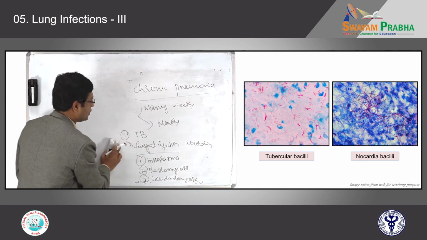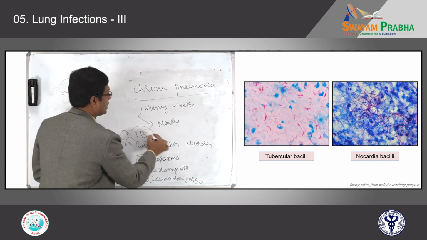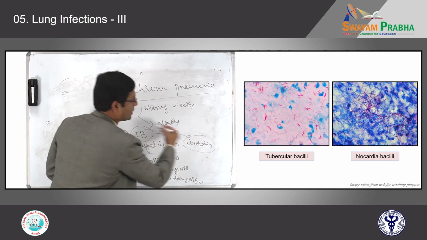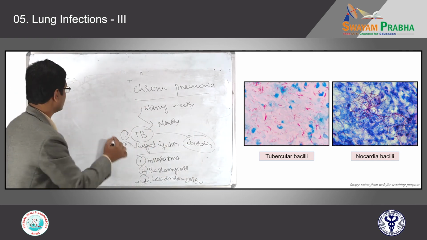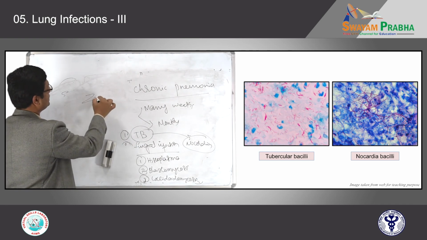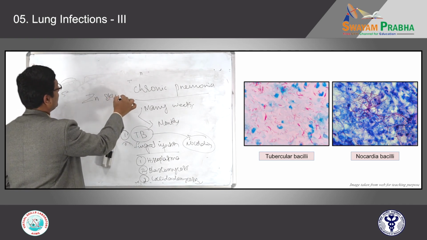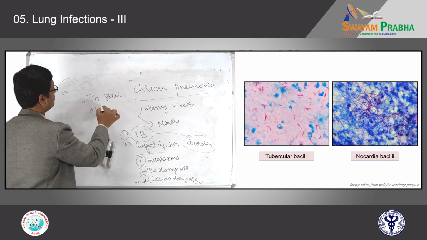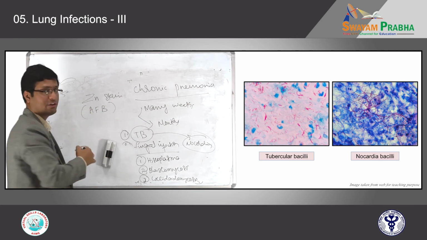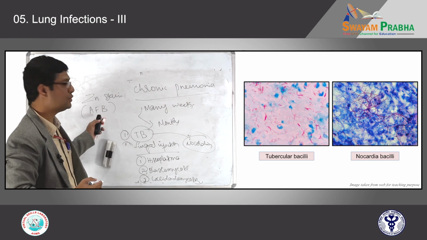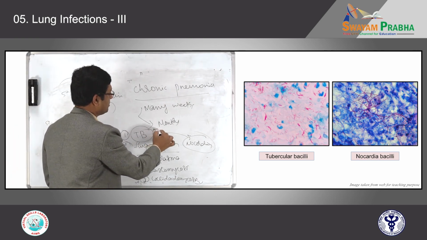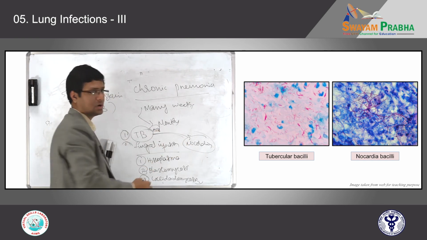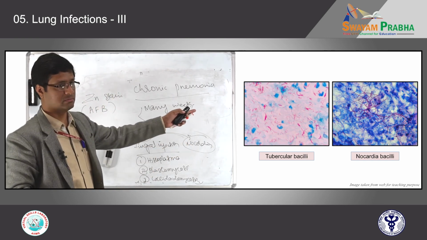So, how to differentiate TB bacilli from nocardia? For demonstration of TB bacilli, the most common stain used is the Ziehl-Neelsen stain. We call it the acid-fast bacilli stain, AFB stain. When you do AFB stains, you can easily differentiate Mycobacterium tuberculosis from nocardia. Can you see the pictures here?